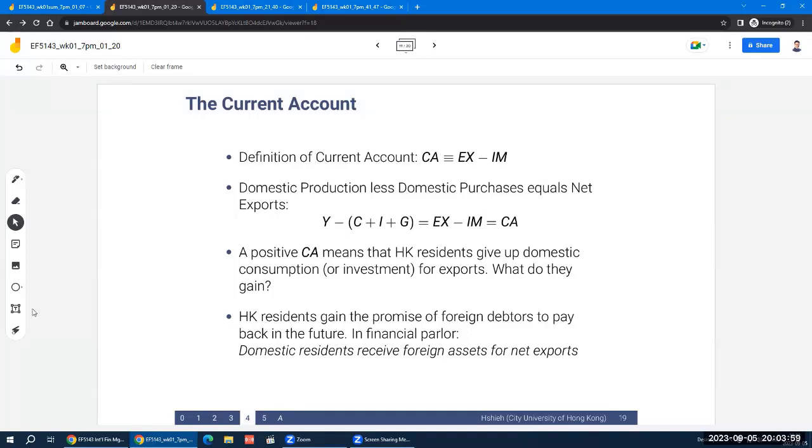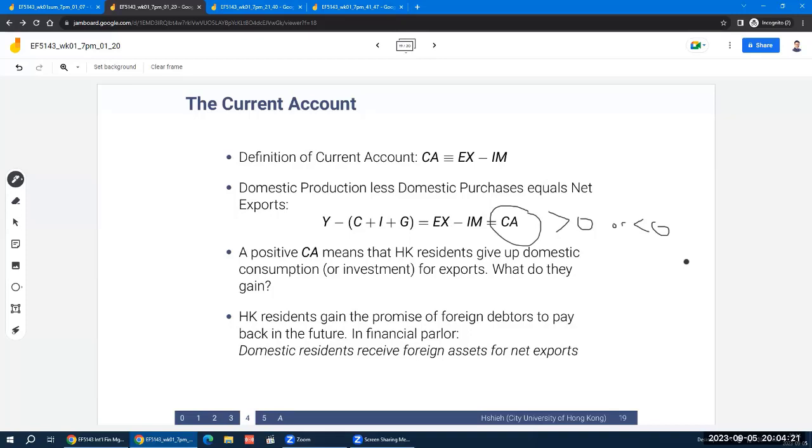Based on that formulation, that should give you an idea of what this means when it's positive or negative. So you should be thinking, what does it mean from this expression when CA is positive? Remember what I just said. Y is some measure of national income.